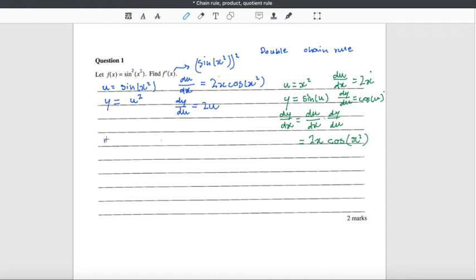Again, our chain rule says now that dy dx is equal to du dx times dy du. Applying that in blue here, du dx is 2x cos x squared, so 2x cos x squared times 2u, and u is sine of x squared. So that there is our full answer, and hopefully you can see that we have to use the chain rule twice.